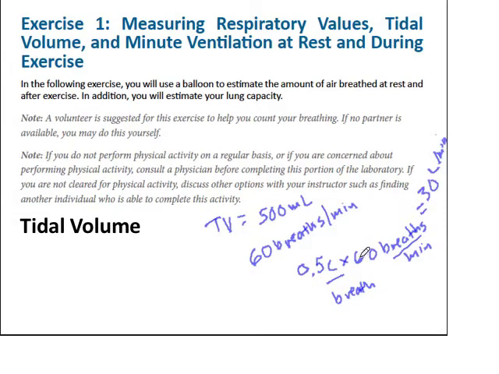Okay, notice that the breaths will cancel, okay, and the units you'll be left with is liters per minute, and since this is a rate, that makes sense.